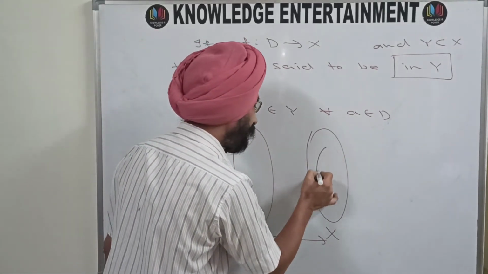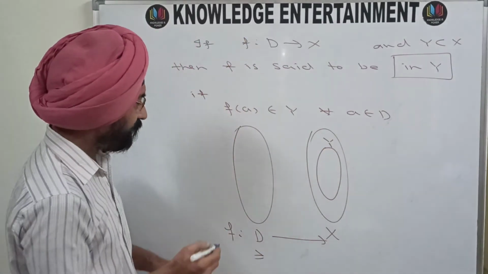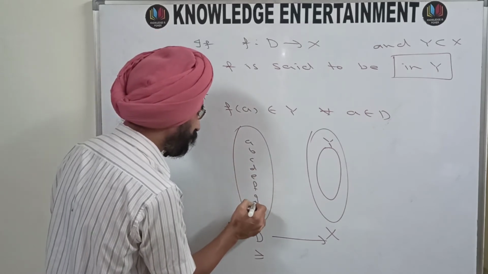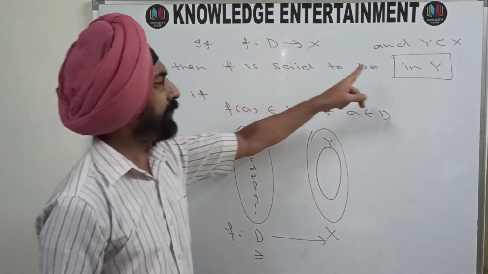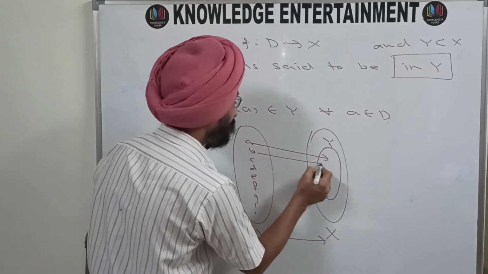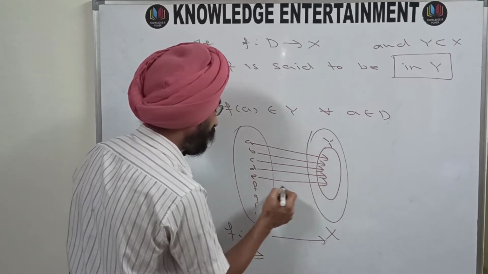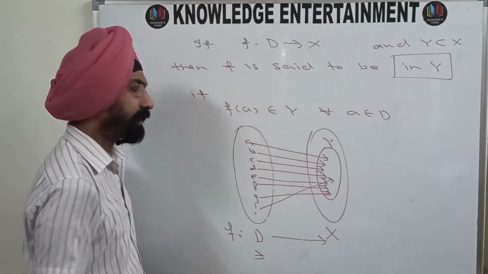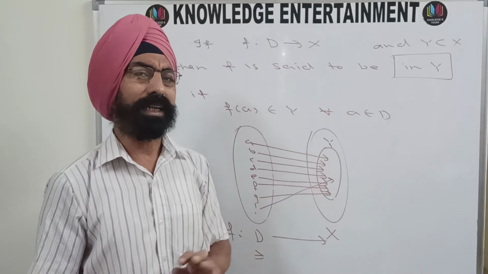Here you have a subset Y, and suppose A, B, C, D, E, F are the members of D. Then f will be in Y if the image of each element of D is in Y. Then we will say that the net f is in Y.